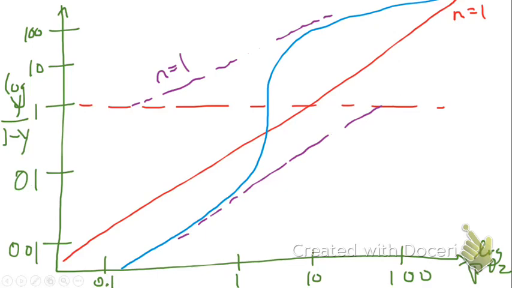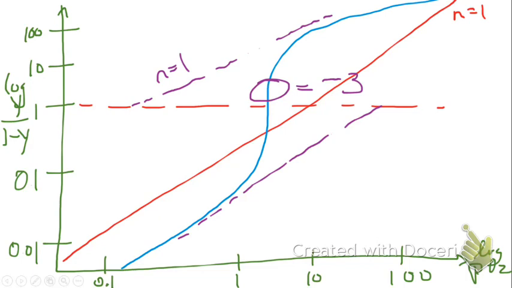However, the slope in the middle is about 3, suggesting that hemoglobin is cooperatively binding its oxygen. It's a lot easier to bind the second and the third than the first.